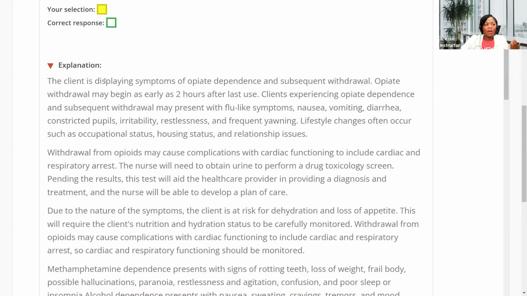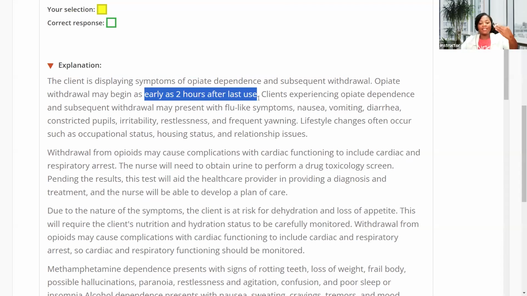You heard me talking through this earlier, that this patient was displaying opioid dependency because they're going through a withdrawal. That's what we see here. A lot of times these withdrawals can begin as early as 2 hours after they last used it. So they used it 2 hours ago, but now their body desires more of it.